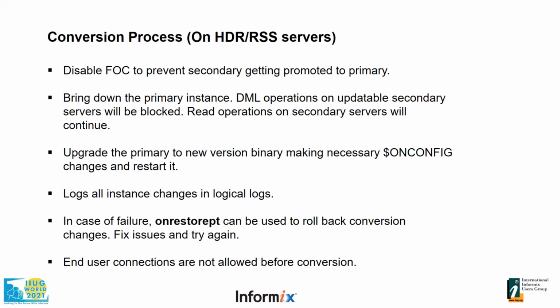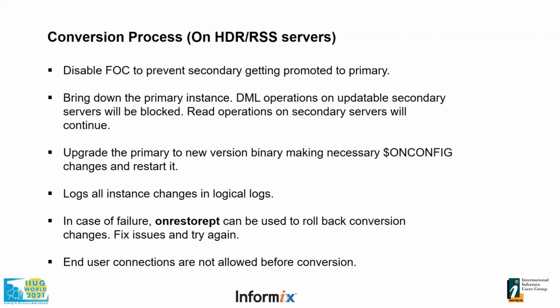Okay. So once your primary is down, you can upgrade it to the new version by setting the onconfig parameters, pointing to the new version binary, and then restarting it. So once your primary server is up, it will go through the usual in-place upgrade by changing your sysmasters or system pages based on the conversion required, right?